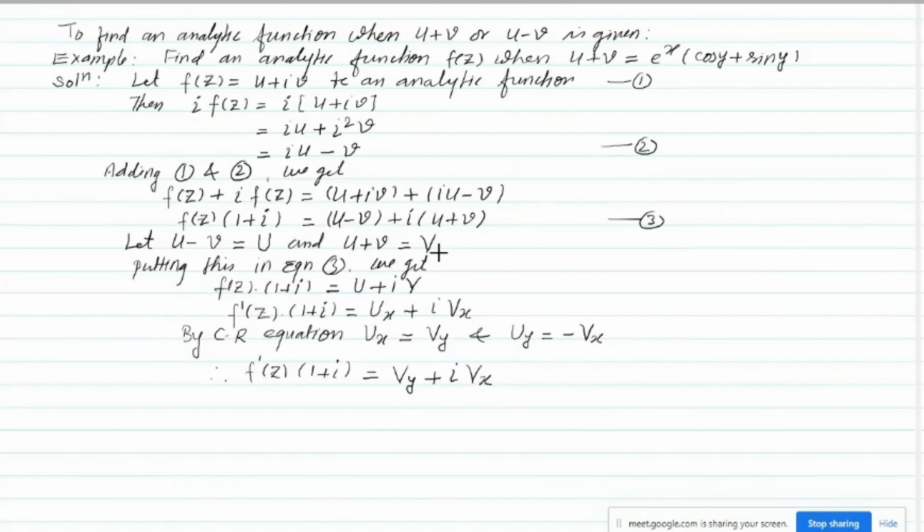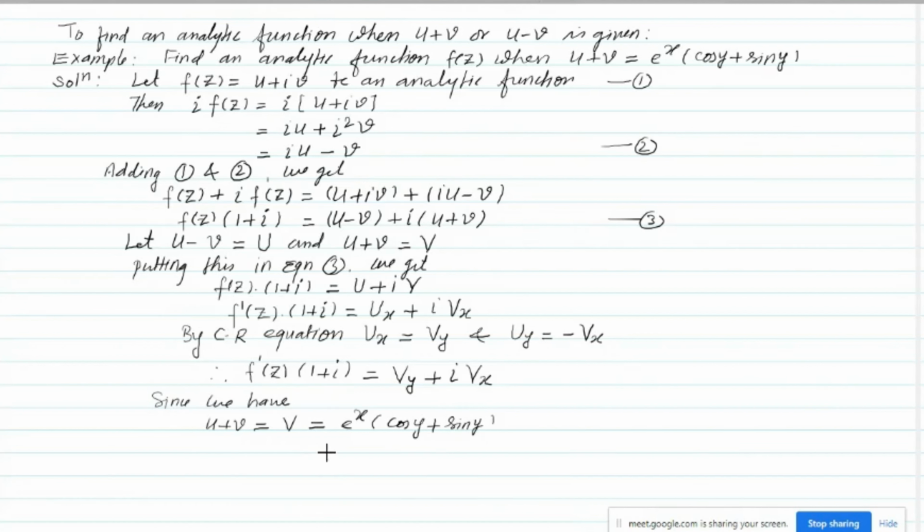So what is Vx? Since we have u plus v equal to capital V, and u plus v is given to you, that is e raised to x into (cos y plus sin y). Okay, this is given to you.